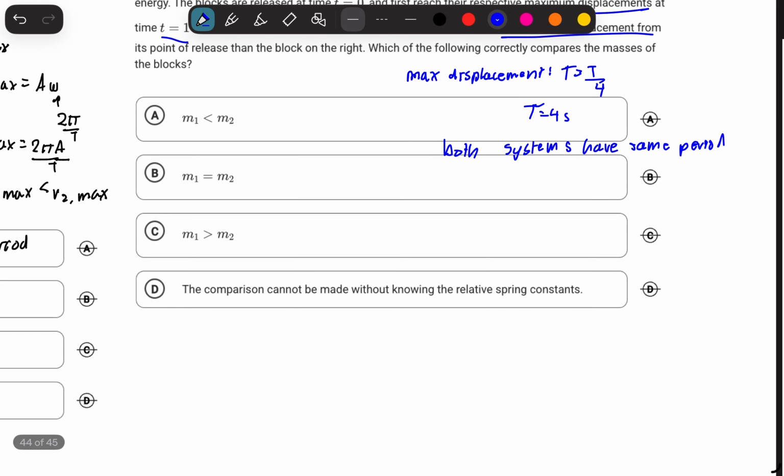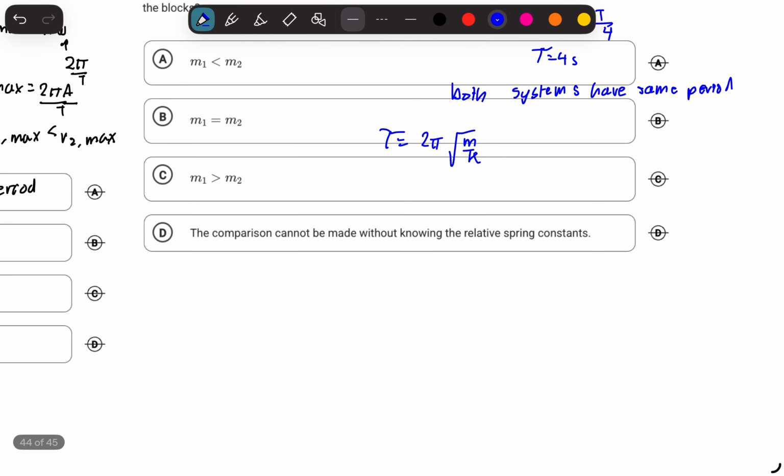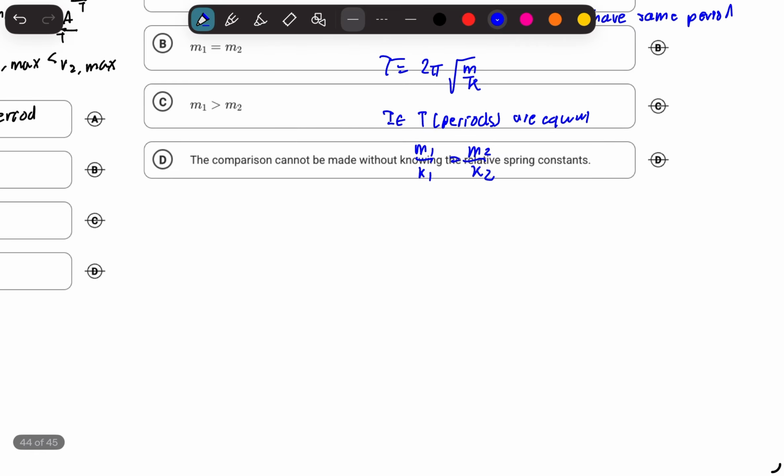And what's our period formula? It's T is equal to 2 pi times the root of m over k. Now, if your periods are equal, what that means is that you have m1 over k1 is equal to m2 over k2. You can set those equal. So now, after you do this, you're going to do your energy equation. So we know that they both start with the same potential energy.